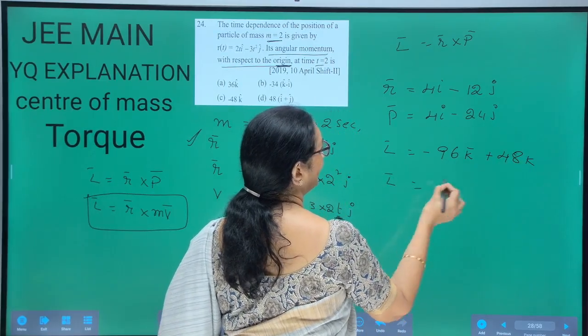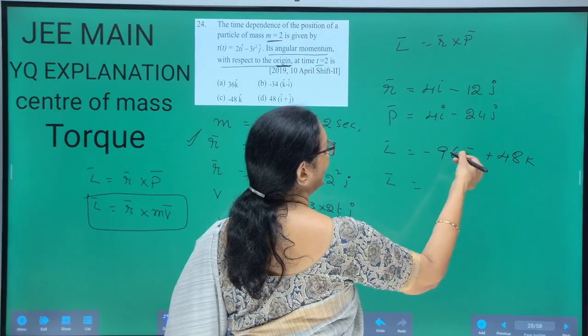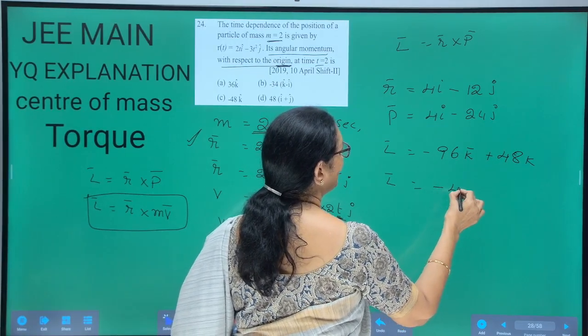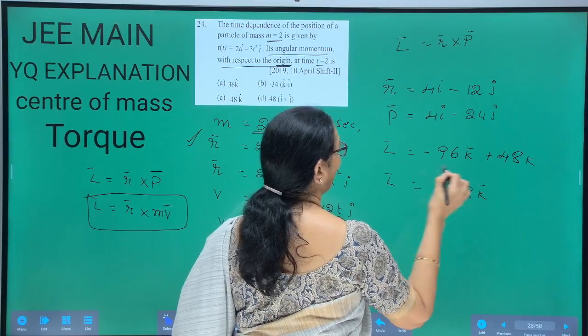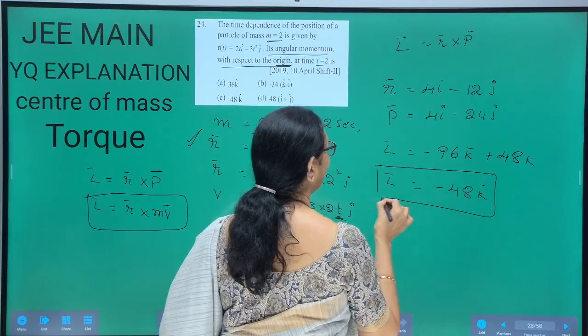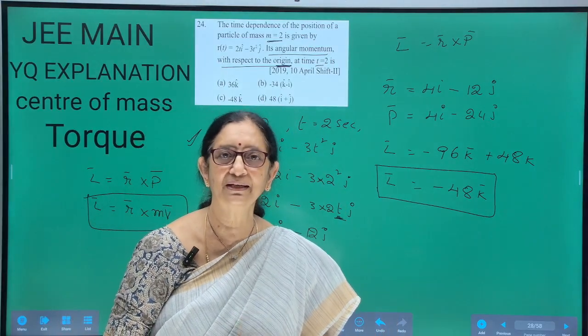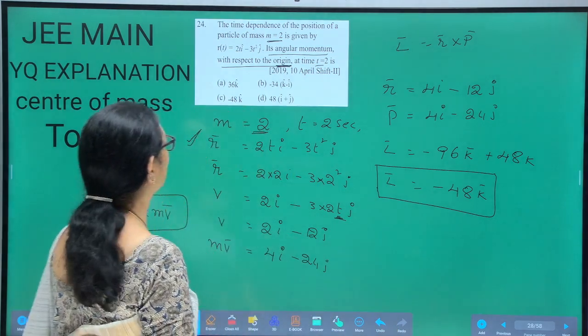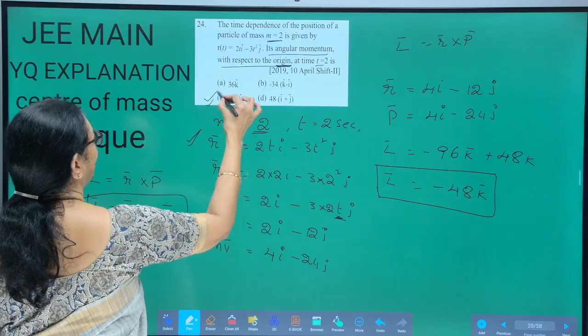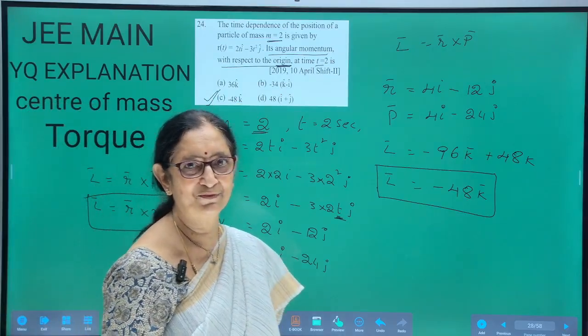So, L bar is equal to 48 minus 96, that is minus 48 k bar. That is the angular momentum of that particle with respect to the origin at t is equal to 2 seconds. So, this is the correct option for that problem, right.